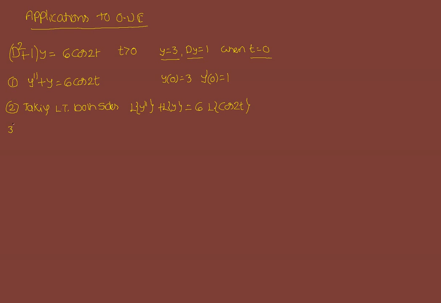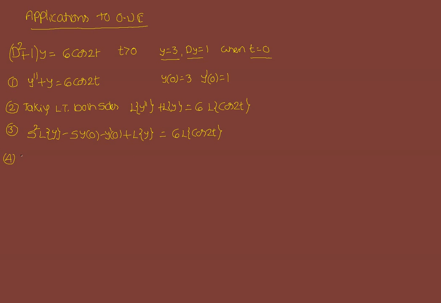Third step, L of y'', you apply the formula. L of y'' means s² into L of y minus s into y(0) minus y'(0), plus Laplace of y is equal to 6 into Laplace of cos 2t.